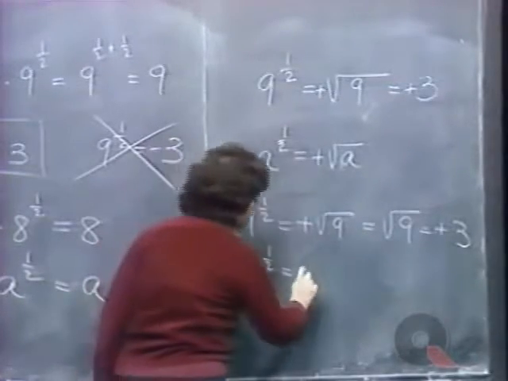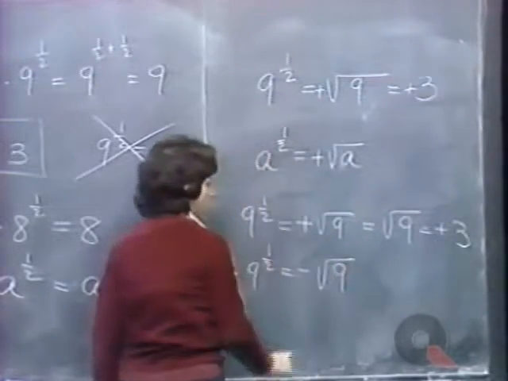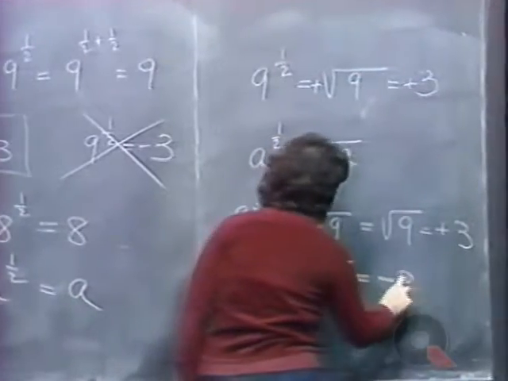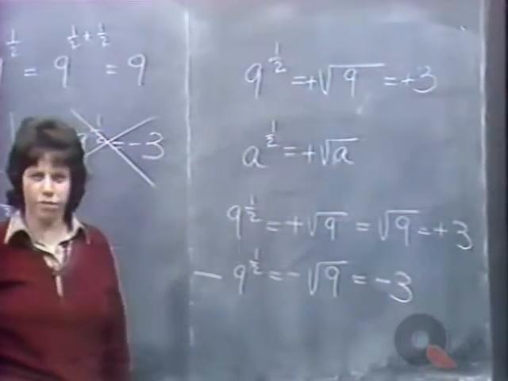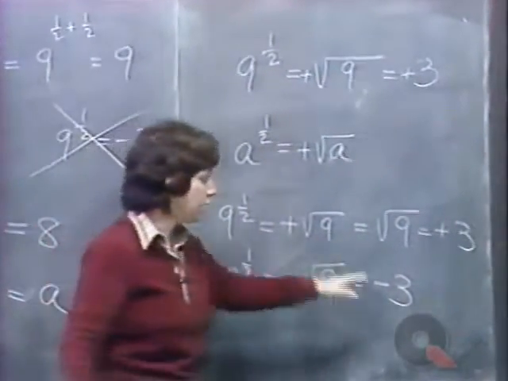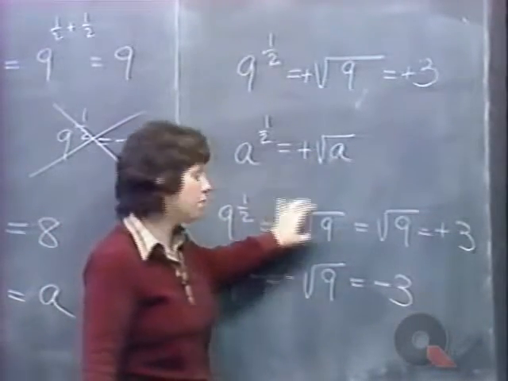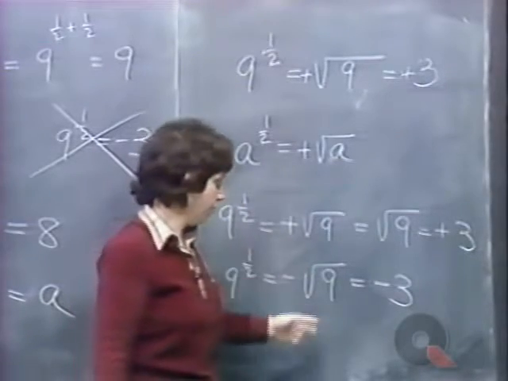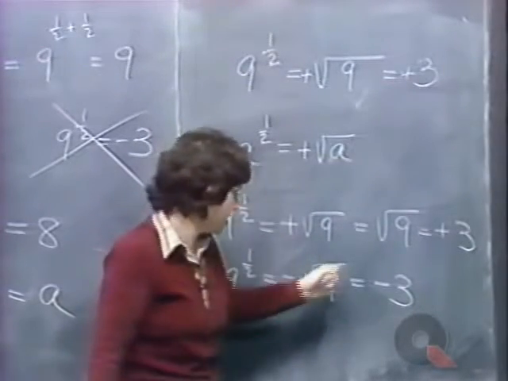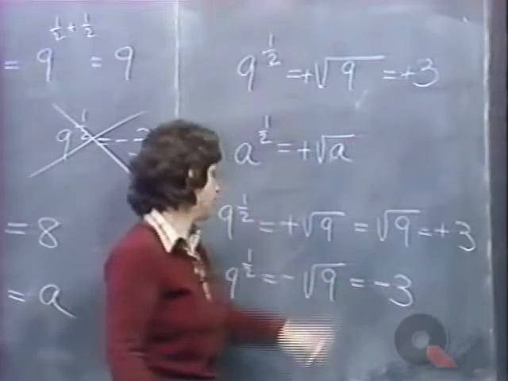This would mean the negative square root of 9, or minus 3. 9 has two square roots, a plus 3 and a minus 3. When you just see the radical sign, this refers to the positive square root. If you want the negative square root, you will have to write that explicitly, negative square root of 9.